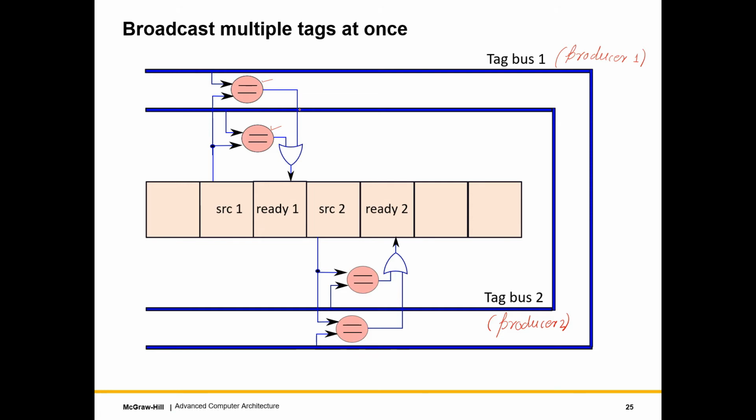We'll never broadcast the same tag. The same tag will not be broadcasted on both the buses. So there will be at most one match. So if there is a match, the OR gate will catch it and it will set the ready bit. Same is the case with the ready bit for the second source, where we will broadcast two tags. And if there is a match, this will be captured by the OR gate and this will set the status of ready 2.